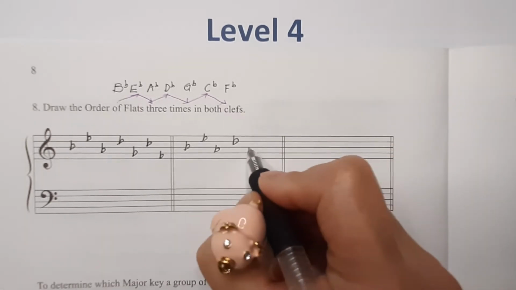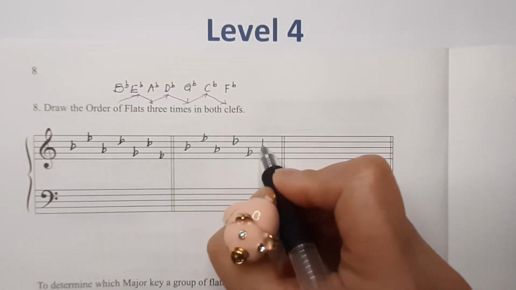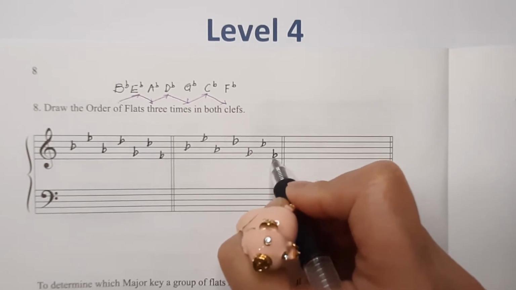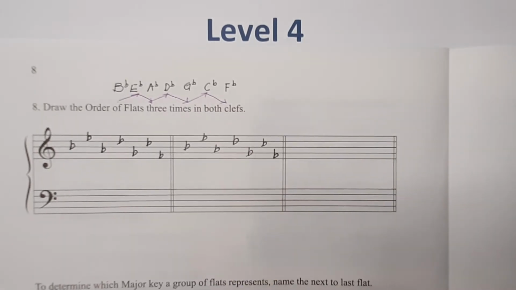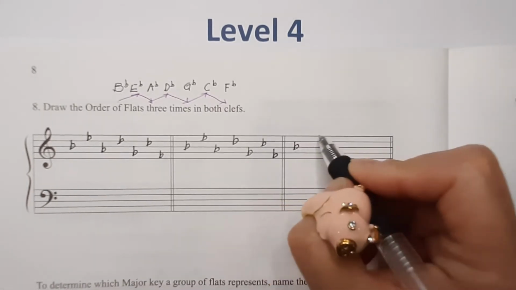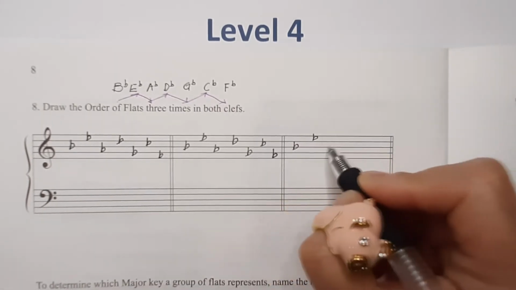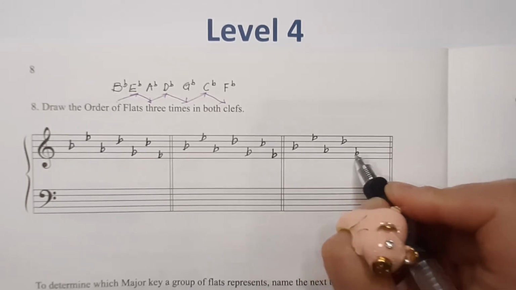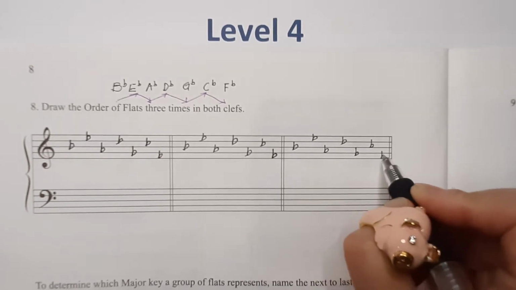Now, G, down, C, up, and F, down in the space. Okay, one more time. Third line, B, E, up, A, down, D, up, G, down, C, up, and F, down.